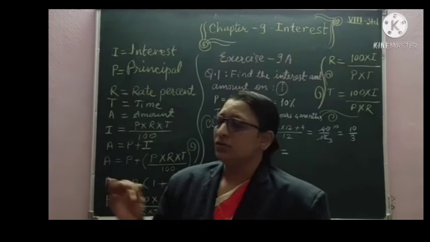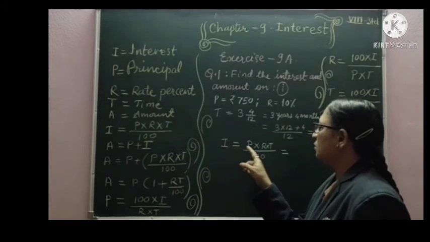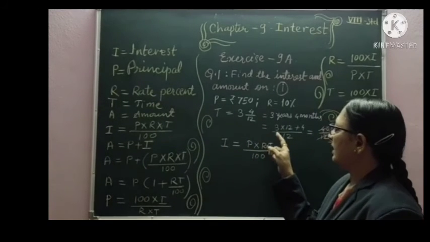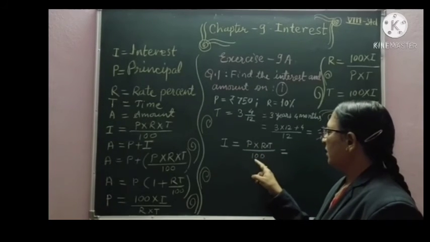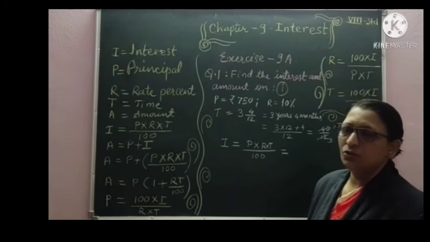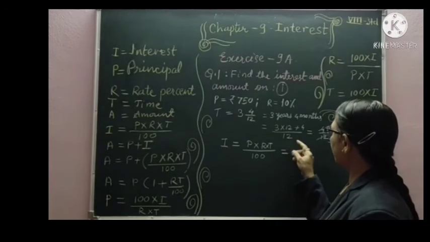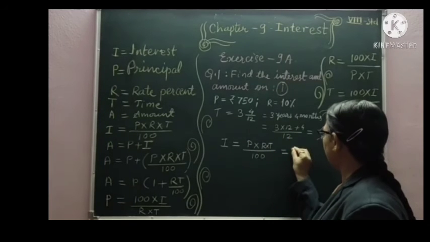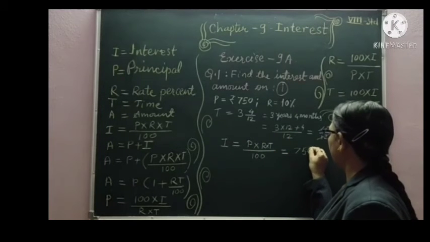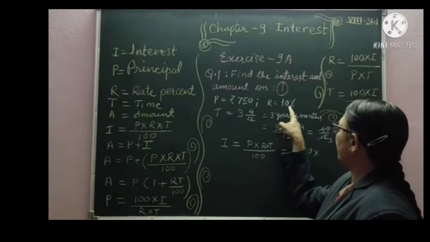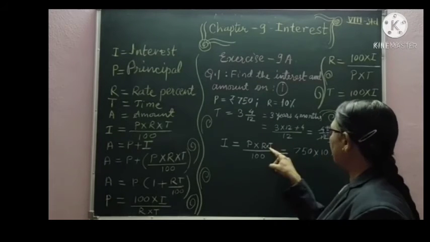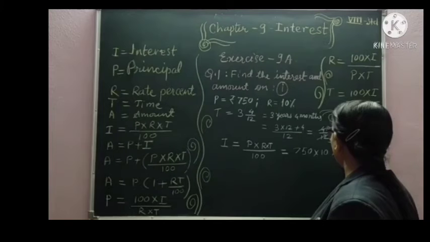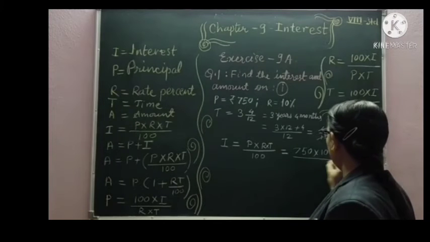Let us use the formula of interest to calculate the value. So interest is equal to principal into rate into time upon 100. Substitute all the values. Here principal is given 750 multiplied by the rate 10% and time is 10 by 3 upon 100.